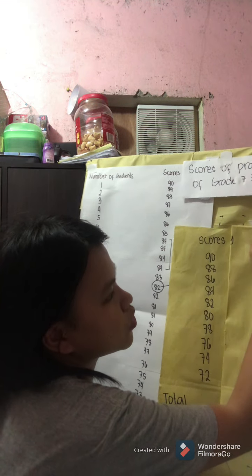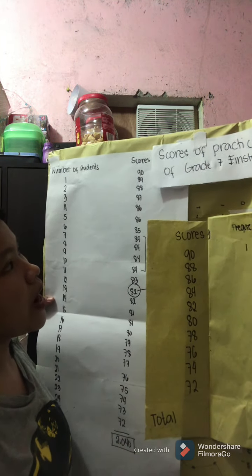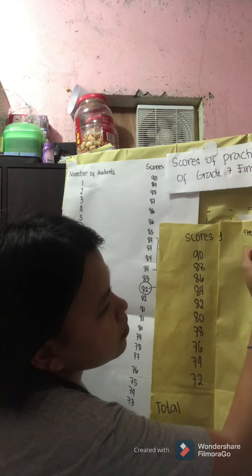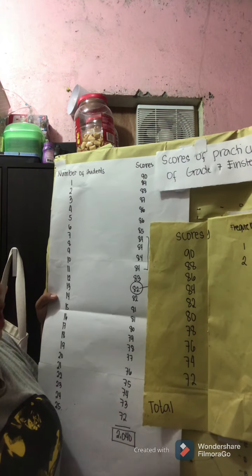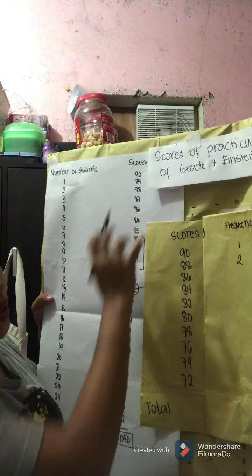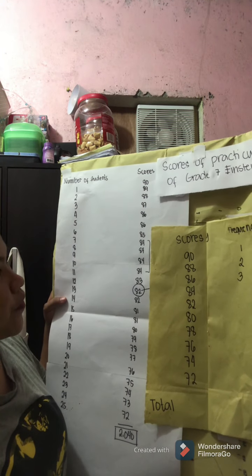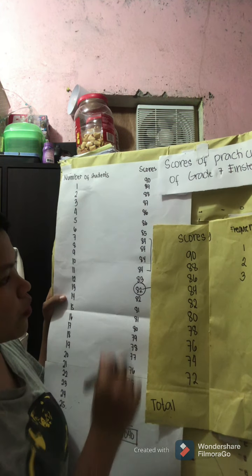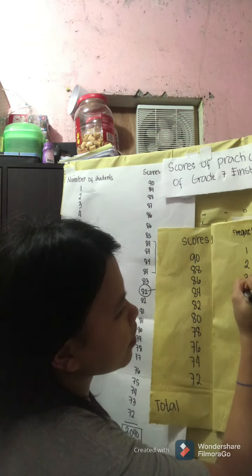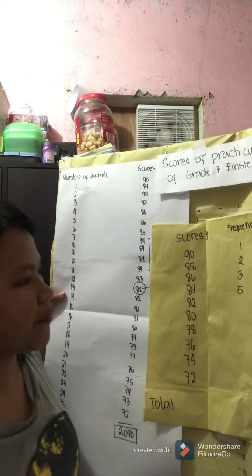So 1. In 88 to 89, we have 2 students. In our 86 to 87, we have 1, 2, 3 students. In 84 to 85, we have 1, 2, 3, 4, 5, so 5 students obtained scores 84 to 85.